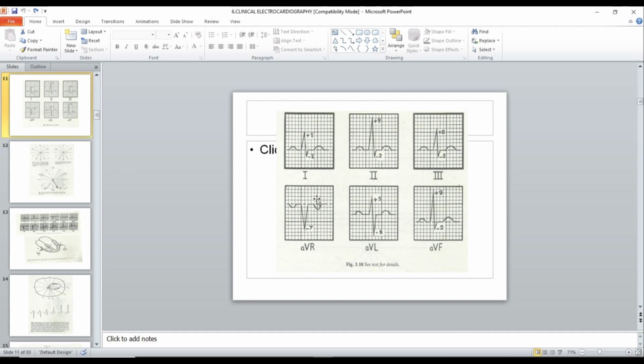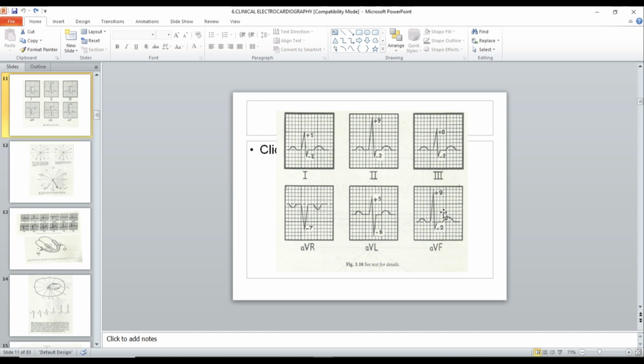The axis deviation can be easily calculated by just seeing the limb leads, lead 1 and AVF. If the maximum deflection in lead 1 is up and in AVF it is also up, it is normal. But if the maximum deflection in lead 1 is up and down in AVF, it is left axis deviation. And if it is down in lead 1 and up in AVF, it is right axis deviation.